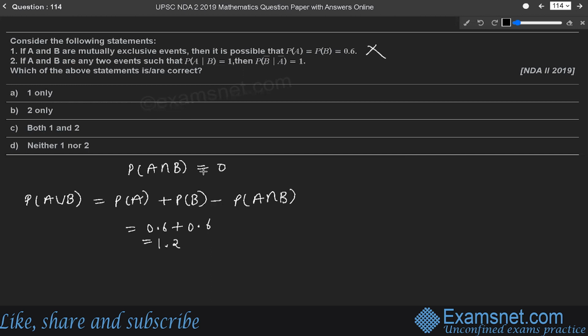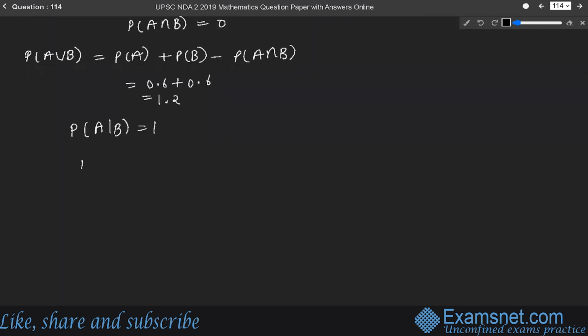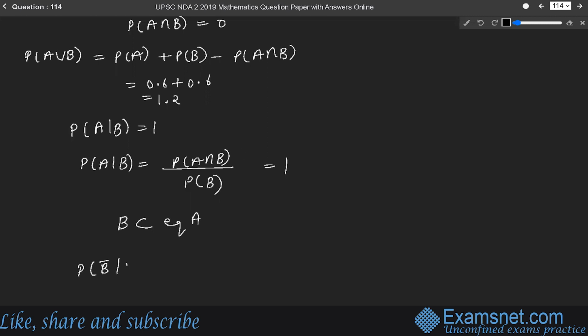Now, looking at the second statement, it is given that P of A by B is equal to 1. As we know that P of A by B is equal to P of A intersection B divided by P of B. So it is equal to 1. So we can say that B is a subset of A. So P of B complement upon A complement will be equal to P of A complement intersection B complement divided by P of A complement.